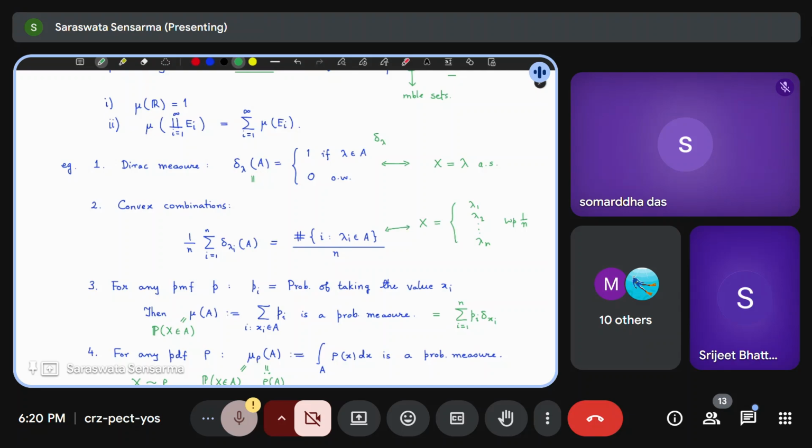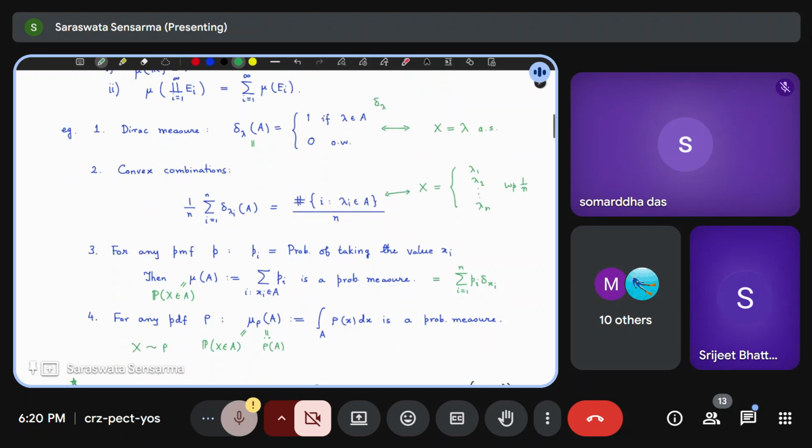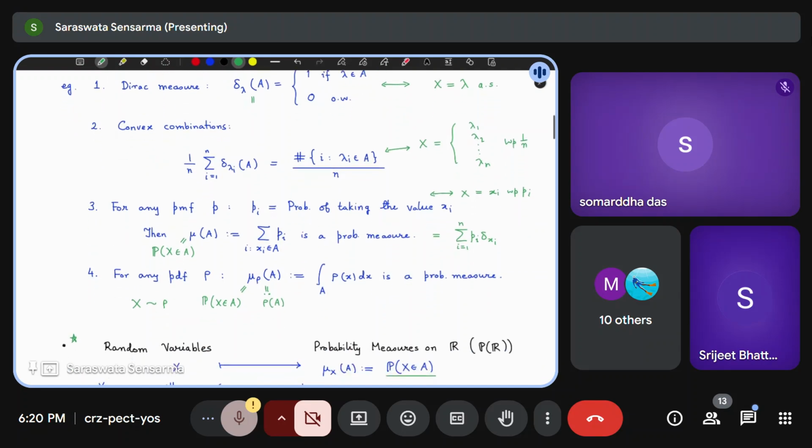In the third case, as discussed, this would be X equal to lambda I with probability p I. This is a generalization of the previous thing. And finally, in the last case, X is a continuous random variable and has a PDF rho.